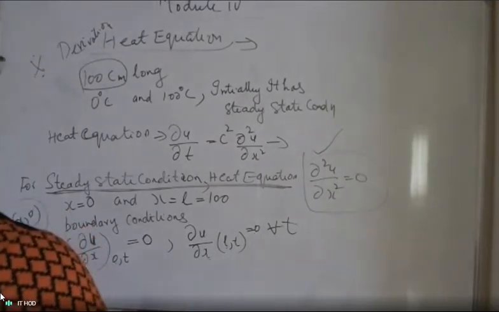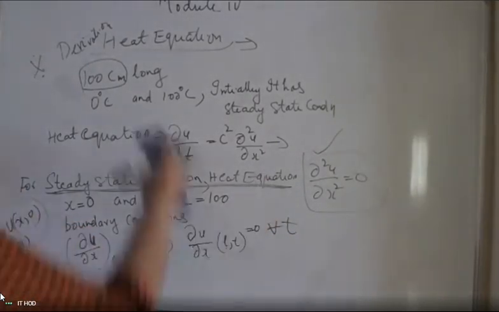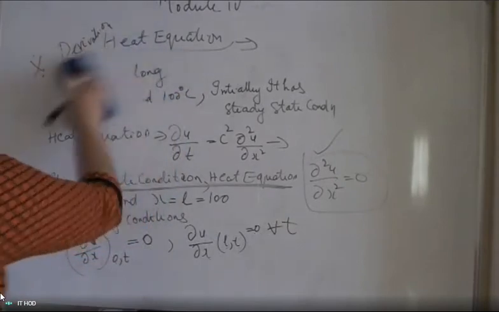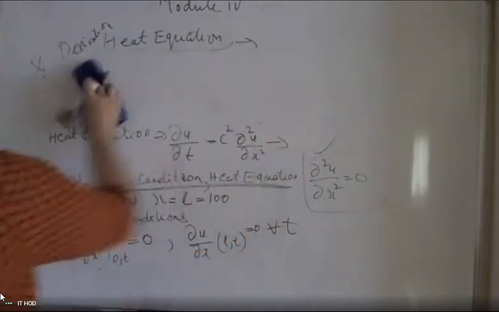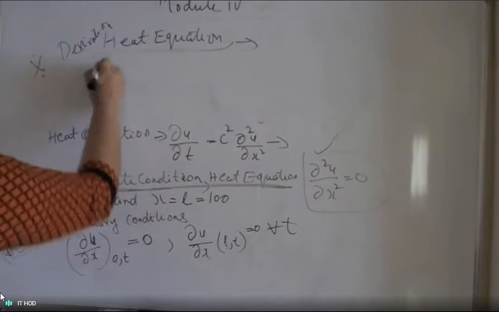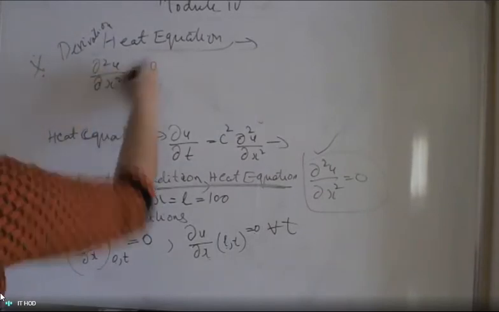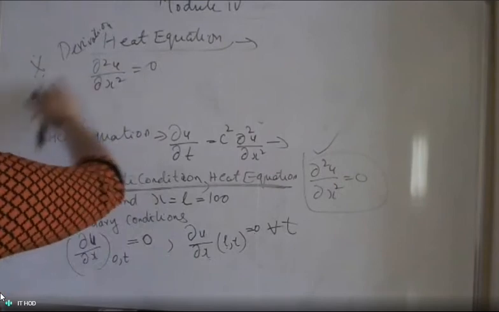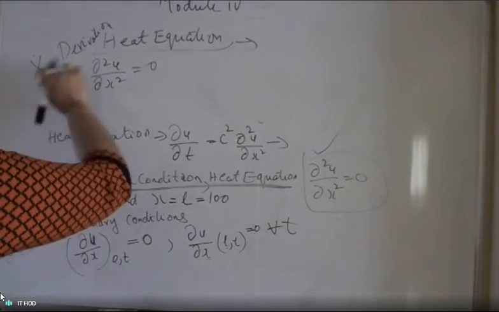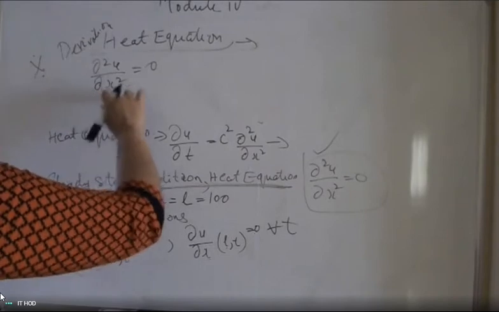How can you find that u from that one? Let me write it here. We have dou square u by dou x square equal to 0, because it is given that the bar is in the steady state condition.